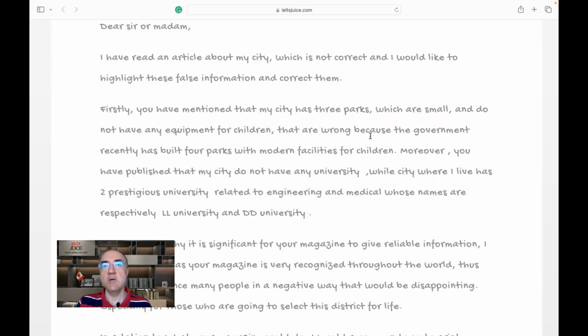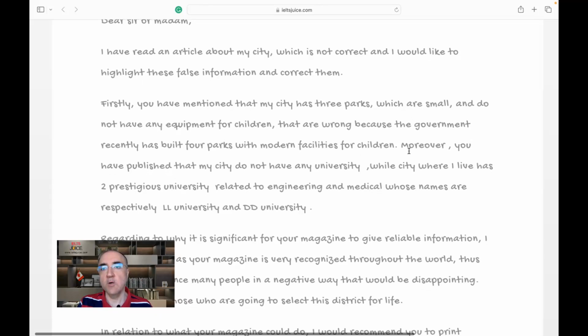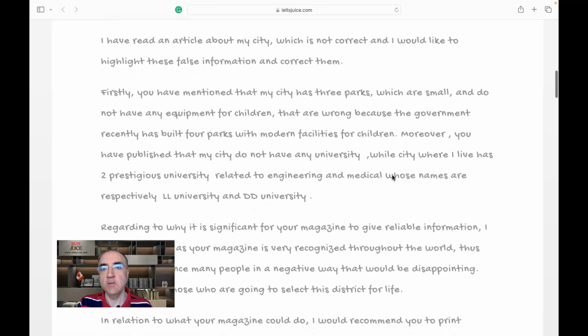The reasons are, or the reason, maybe it's one reason. The reason is because the government recently has built 4 parks with modern facilities for children. Okay, the first reason, yeah, the parks, not good. The parks are not reflected very well.